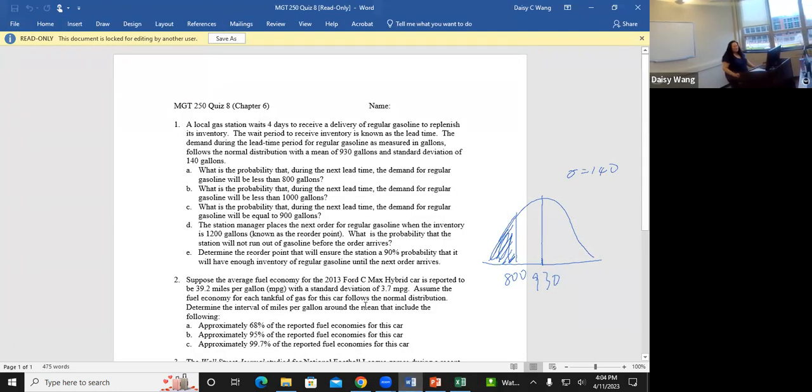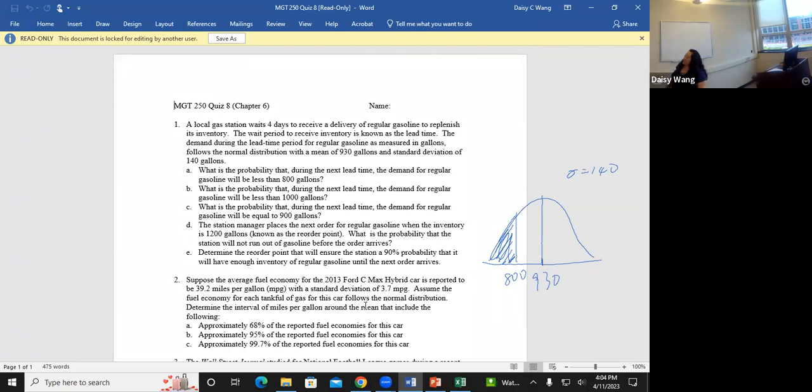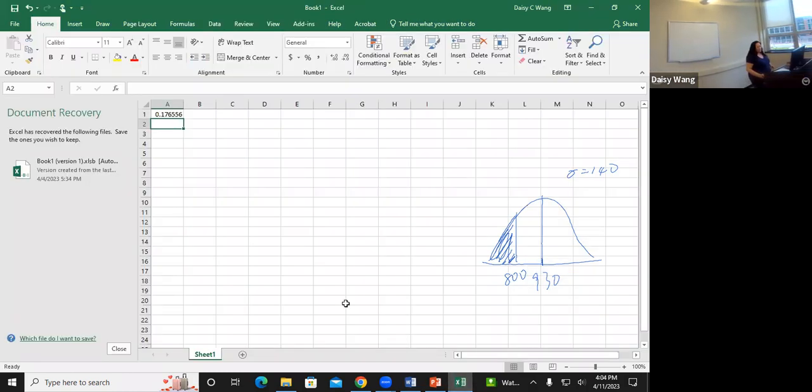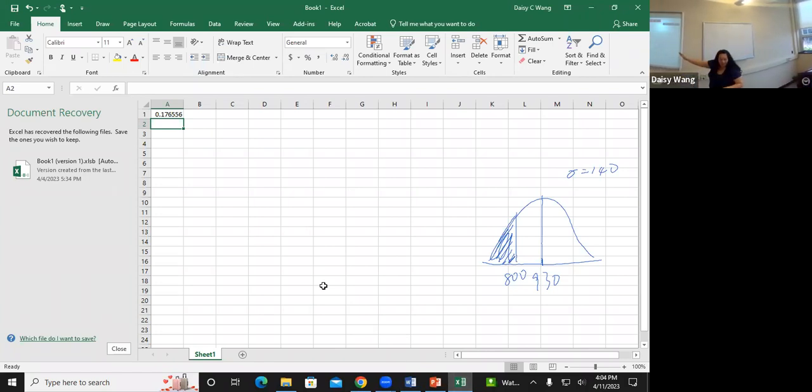So the first question: the probability that during the next lead time, demand is less than 800. That means if they only have 800 when they are ordering the new delivery, there is only a 17.66% chance that they will have enough.